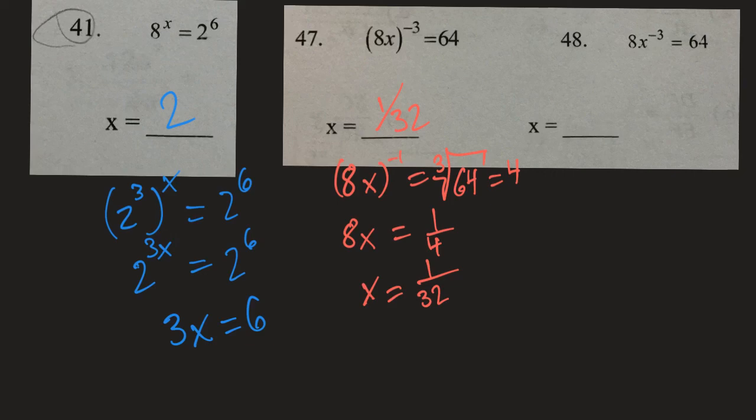The cube root of 64 is 4. And then we're going to give that 4 our exponent of -1. This gives us 8x is equal to 1/4. And when you solve for x, you'll divide both sides by 8 and get 1 over 32.